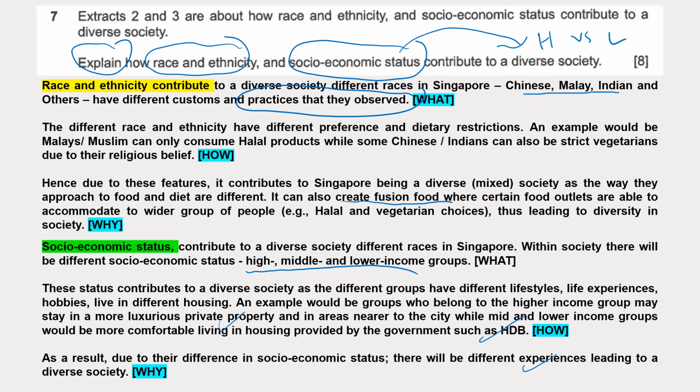It does lead to a diverse society. So this is quite simple, actually, last year's paper, 2022. So you can see that you are able to do it. So don't be afraid, don't be scared. Make sure that you think through. I think the whole idea in 15 minutes and 20 minutes is just to think through how to answer the SRQ properly.